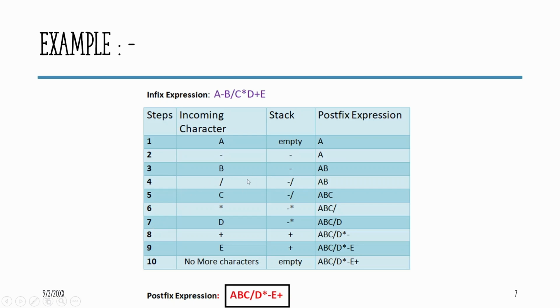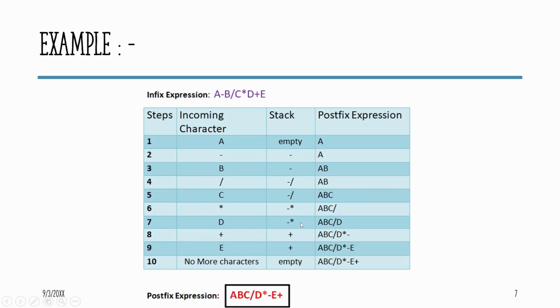After pushing onto the stack, fifth is c. So c as an operand, we'll just append it. Afterwards we have multiplication. Now we know that multiplication and division have the same precedence, right? So if we have the same precedence, we have to pop until a lesser precedence operator is found.